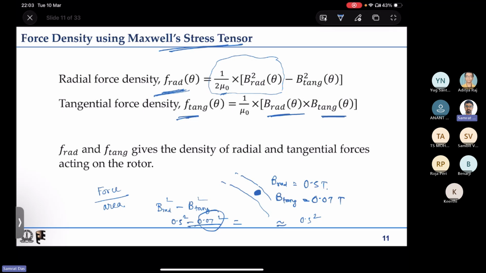Just to give you an idea, if we have two numbers, say m and n, and we have m plus n or m minus n, then in the case where m is very much greater than n, we can simply write them as m. So this is about addition or subtraction.